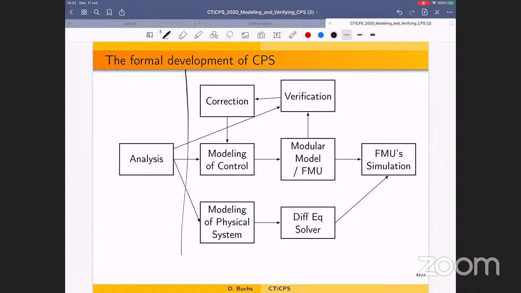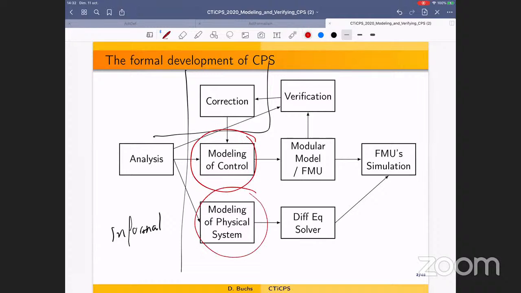So there is an informal part, which is to analyze the system, and there is a formal part where you have different activities concerning the modeling of the control, the cyber part, and modeling of the physical systems.